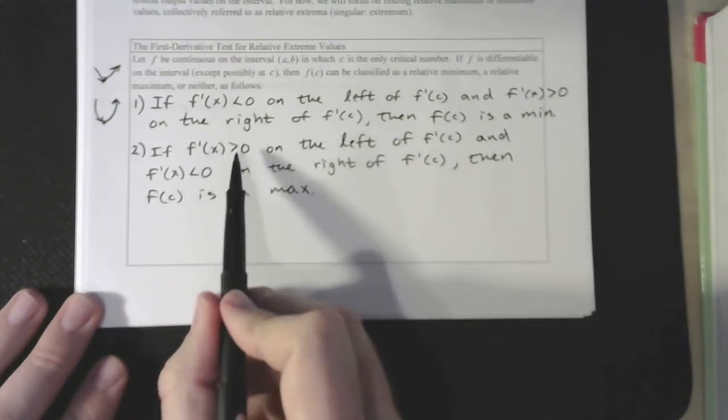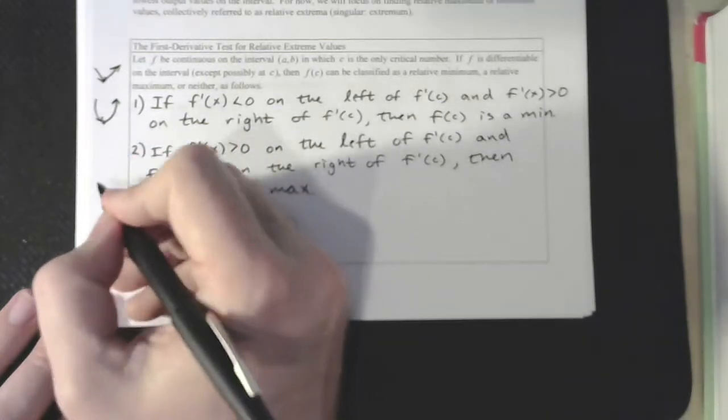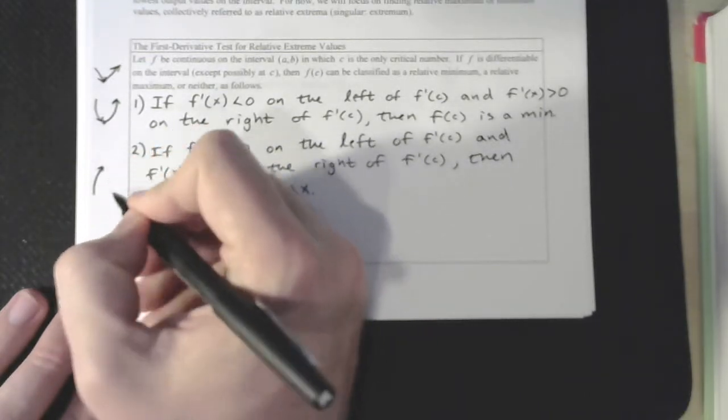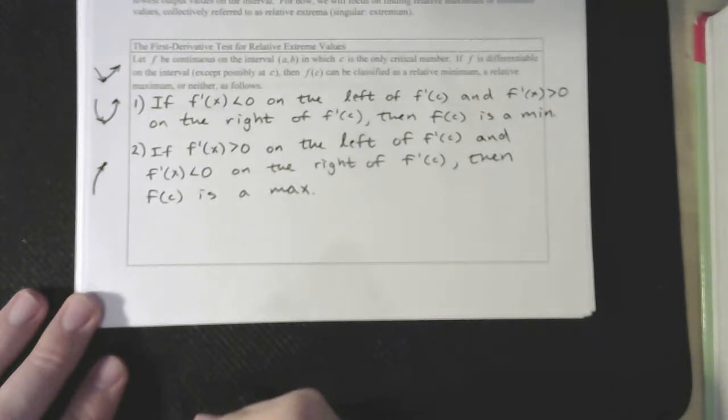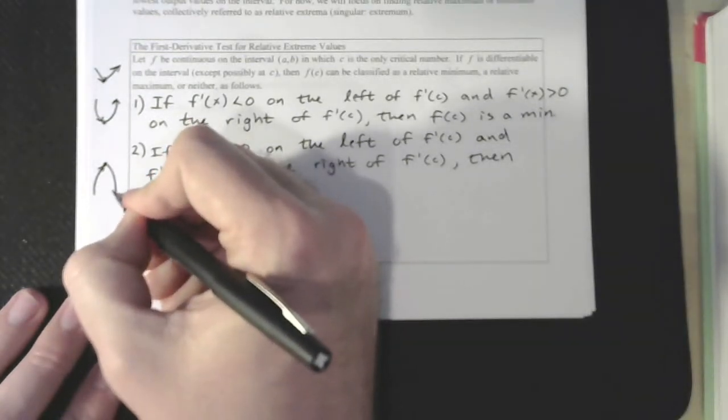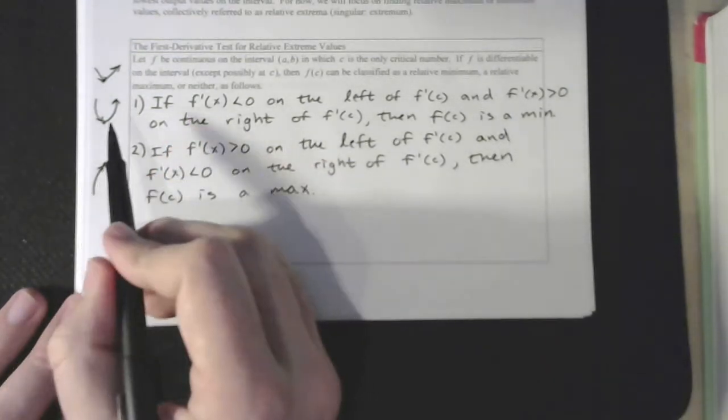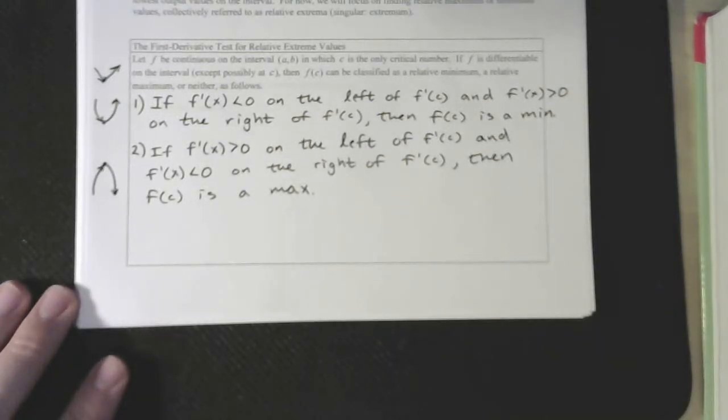Again, we go positive slopes to negative slopes. So we are increasing up to a point, that's our critical number, and then we decrease after that. So we go up and then down, the opposite of what we did in number 1.